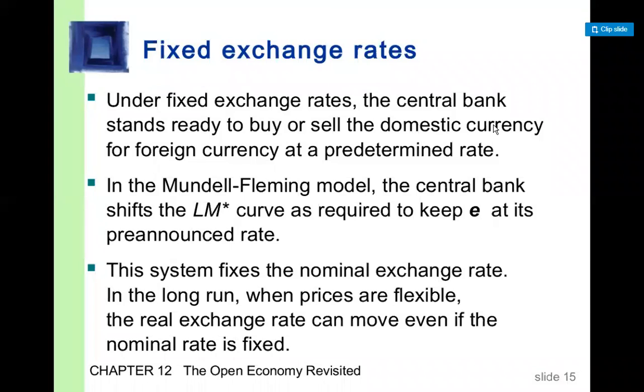And what is the real exchange rate? The real exchange rate shows how many units of foreign goods, not currency, can be purchased by 1 unit of domestic goods. Like how many Chinese computers can be purchased by 1 Pakistani computer. That is the real exchange rate.